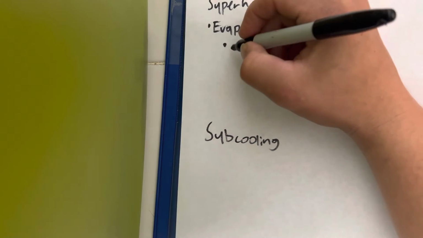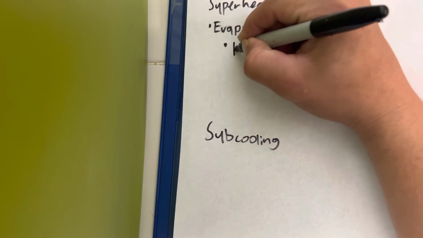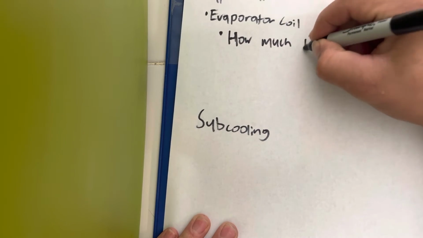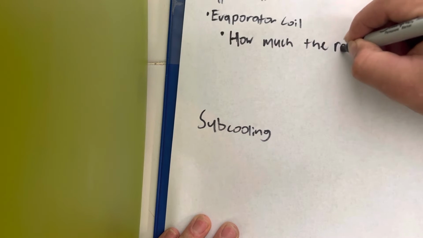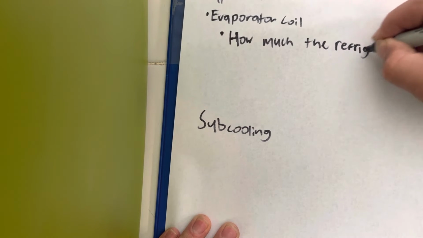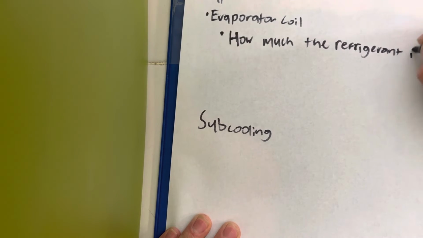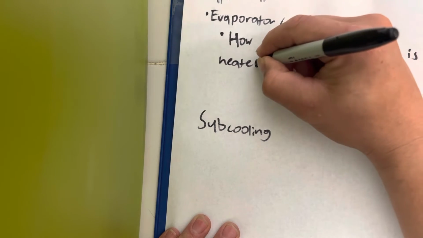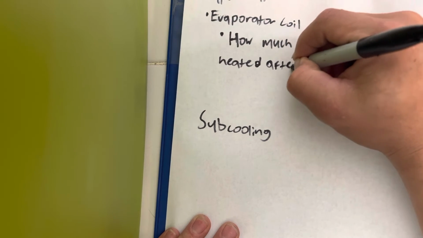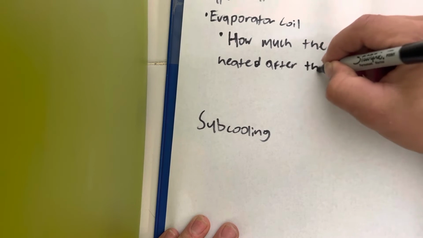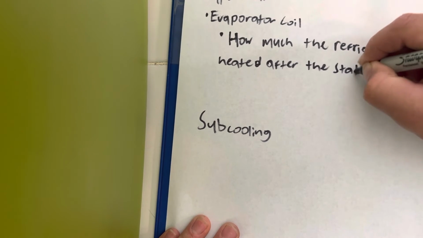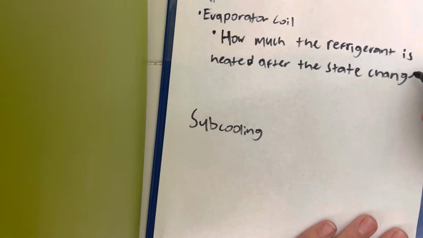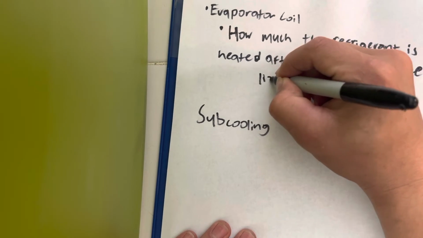Superheat is how much the refrigerant is heated after the state change. And of course, what I mean after the state change is going from a liquid to a vapor. So I'll write that here.